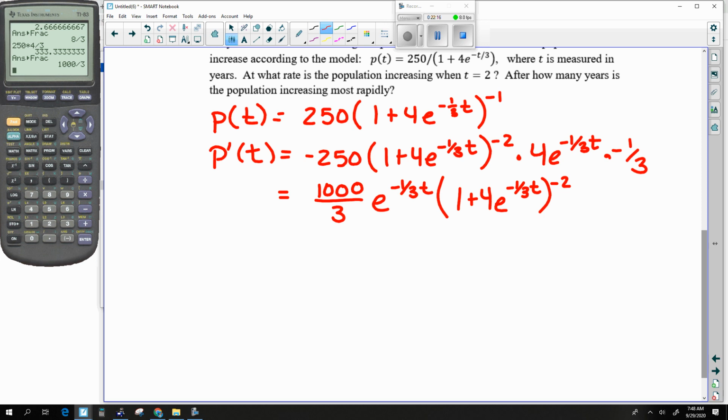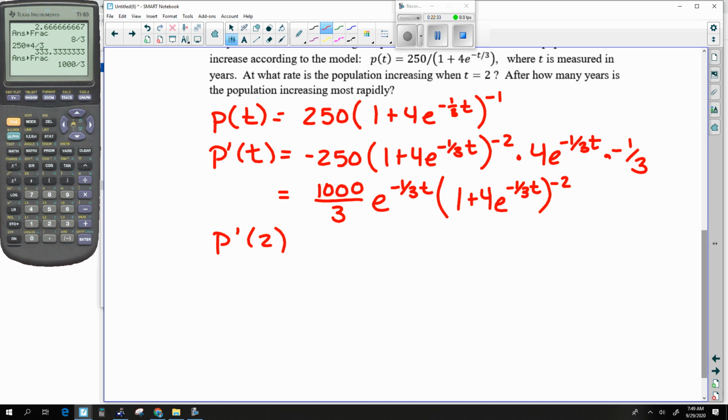The first question is, what is the rate of the population increasing when t is equal to 2? So this is the rate of the population, and they want this specifically when t is equal to 2.